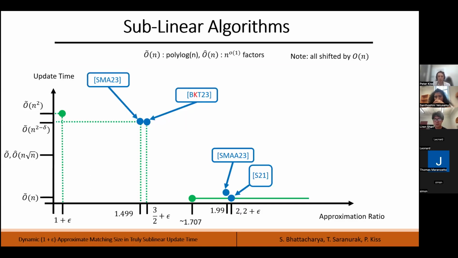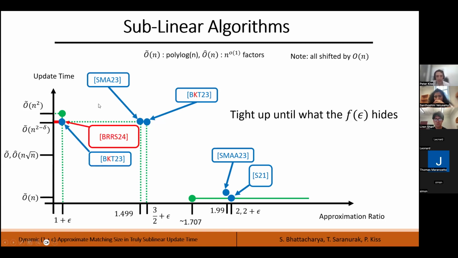Right. So what does this mean? This means that there should be a point moving there. We put the first 1 plus epsilon approximate result over there. And as I said, a paper since the publication of this one at STOC this year has shown, well, it's been published, so it's online.